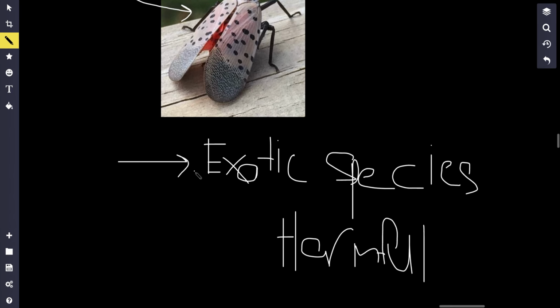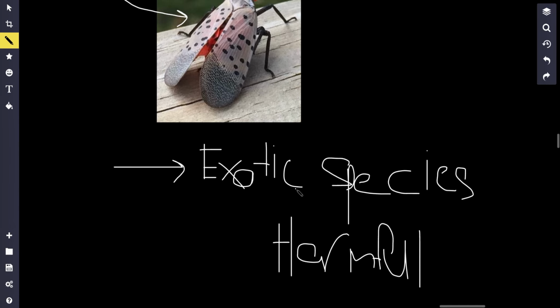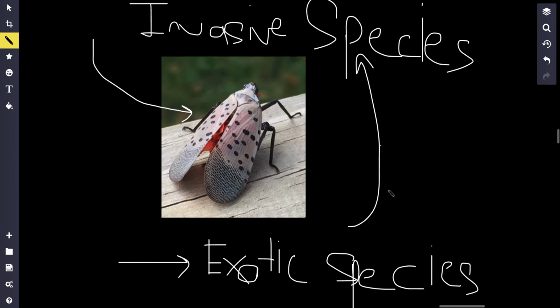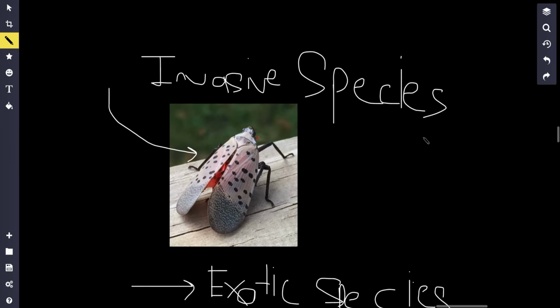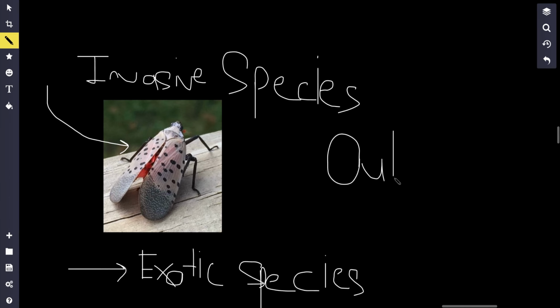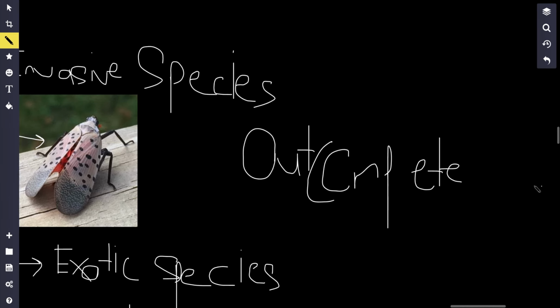But an exotic species is like if humans go on a boat and bring a certain bug to another continent, right? That would be an example of an exotic species. The species is not from here. But exotic species turn into invasive species when they become harmful to the ecosystem. And particularly, one of the things that makes invasive species harmful is that they can outcompete other species for resources.